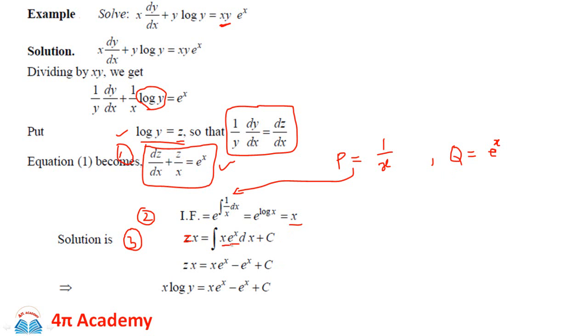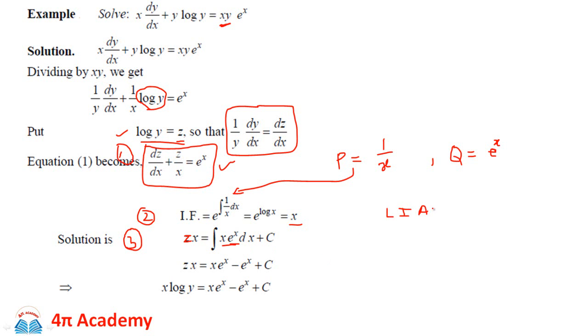Now here I have changed the order. I have taken this x first and then e raised to power x as the second function, because we have to solve this integration by parts, and in order to solve the integration by parts we have to apply the rule, which is LIATE.